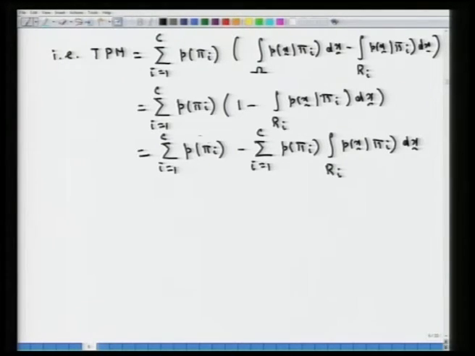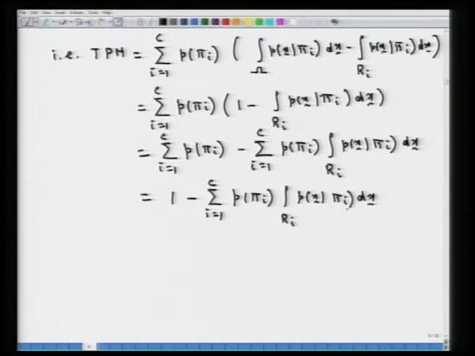Now, we note that the first term is equal to 1, because it is the sum of the prior probabilities of all c populations, so the summation of the p of pi i terms is equal to 1. So, it is 1 minus the summation i equal to 1 to c of p of pi i into the integral over Ri of p of x given pi i dx.